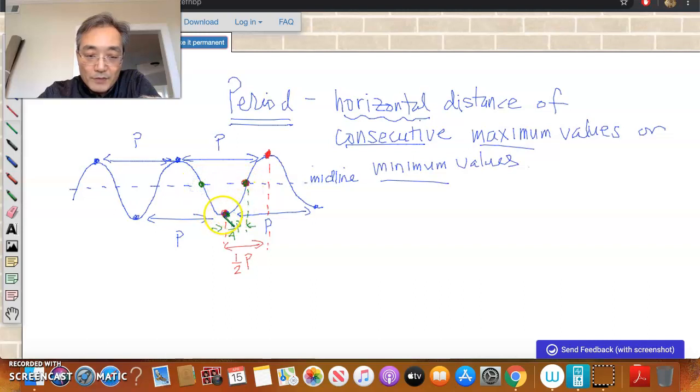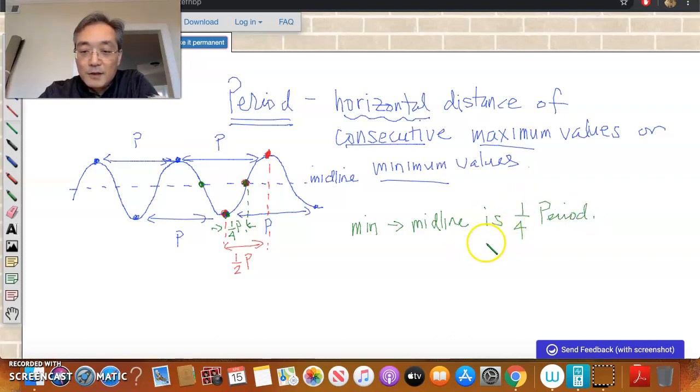Okay, this distance from minimum to midline is a quarter of a period. So from minimum to midline is 1/4 of a period. In that case, if we can just find this distance from minimum point to midline, all we have to do is multiply it by 4 to get a full period.